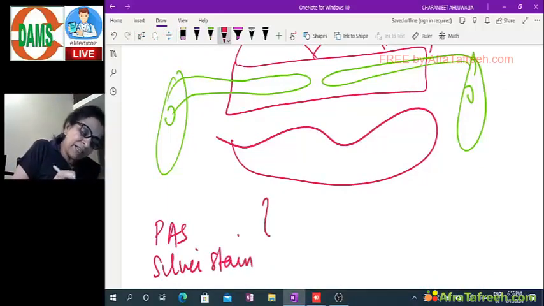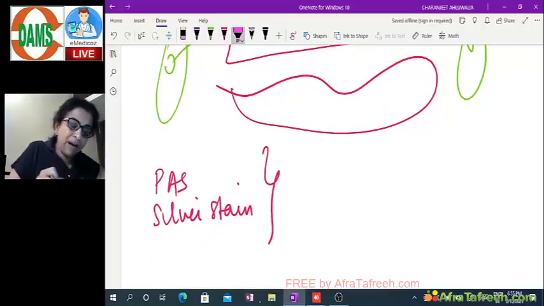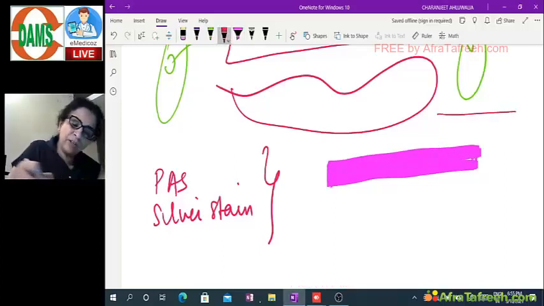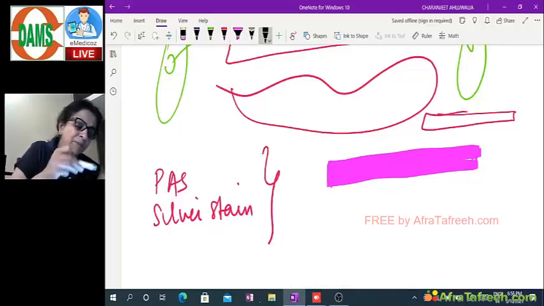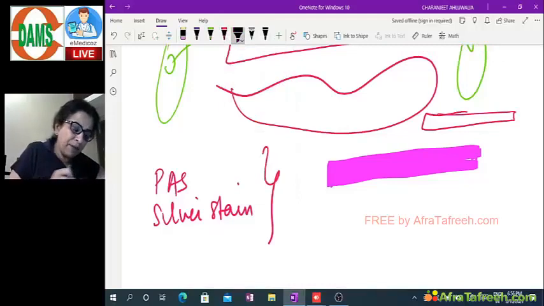When we do a PAS stain, this is the GBM, and the whole GBM appears pink in color like this. If this is the normal GBM which I have drawn, when you do a PAS stain, the whole GBM appears pink in color. PAS stain gives the GBM a pink color.